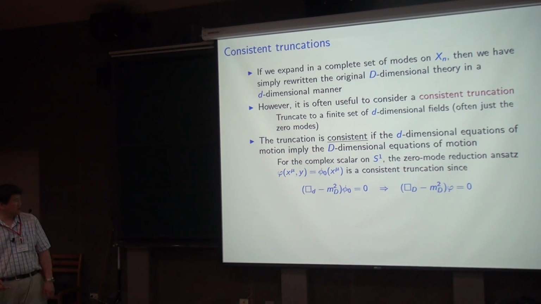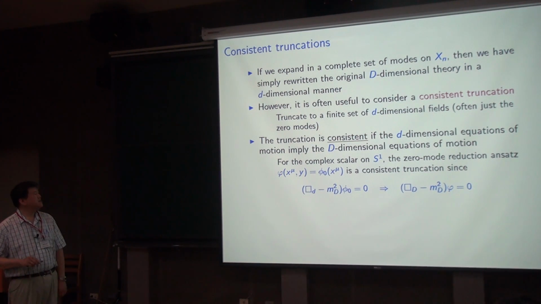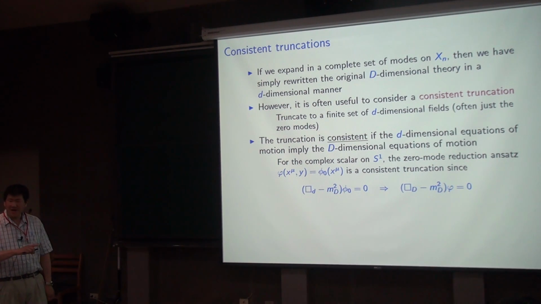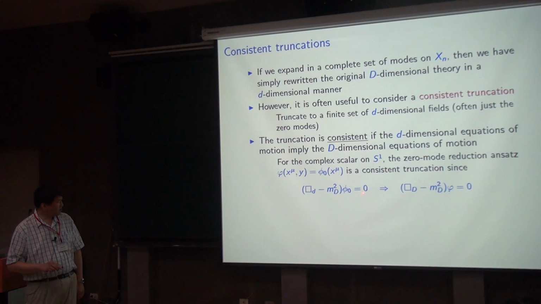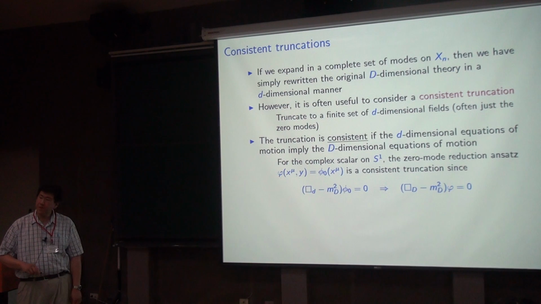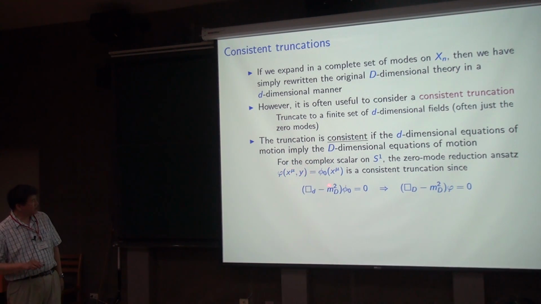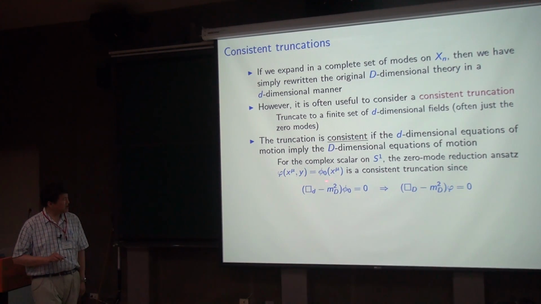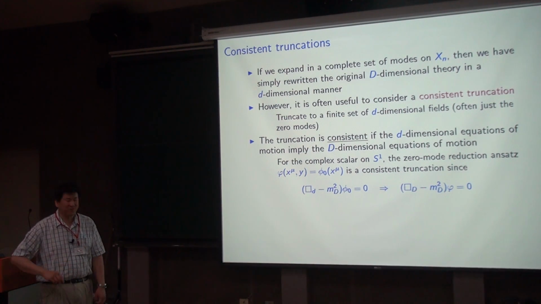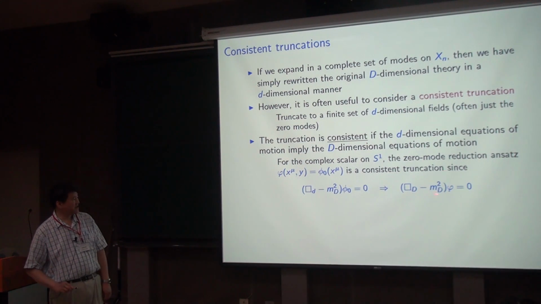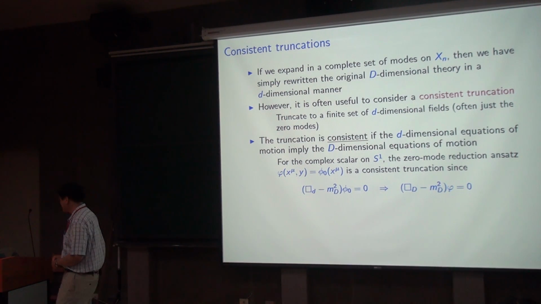So in this model at hand, the Kaluza-Klein scalar, if I go to the zero mode over here, then the lower dimensional equation, the zero mode, this was the five-dimensional mass, but the zero mode mass is just the original mass. And so my lower dimensional equation of motion, my lower dimensional Laplacian over here, since the zero mode is independent of y, the lower dimensional Laplacian basically is going to be the same as the higher dimensional Laplacian, which means my lower dimensional equation of motion, in a very trivial manner, just gives rise to the same higher dimensional equation, like that.